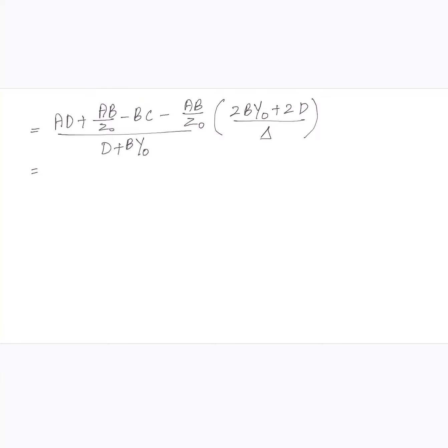What is remaining will be 2 times (AD minus BC) by delta. So this will be the final expression.